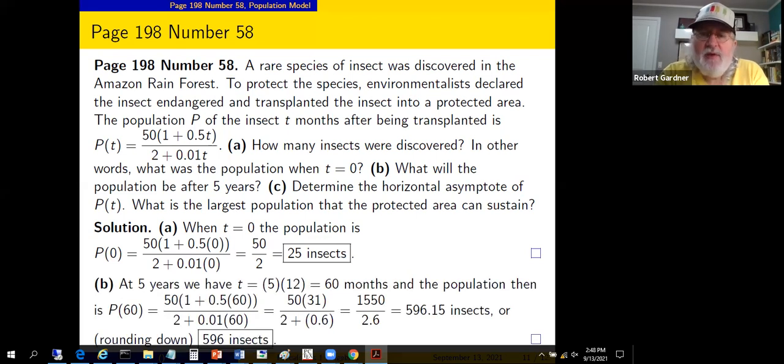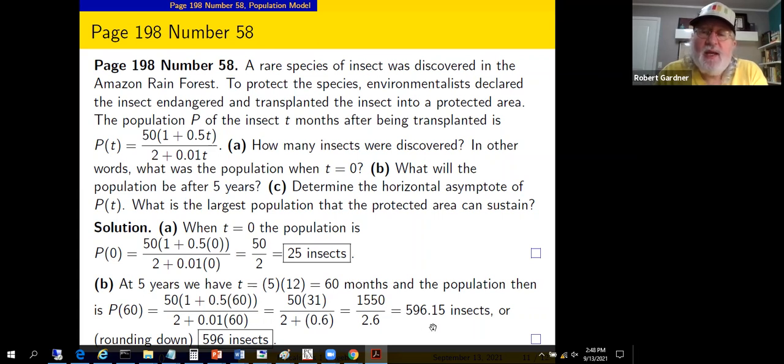Well, we have to take 5 years and multiply it by 12 months per year to create 60 months. So the T value we use at 5 years is T equals 60 months, because T is measured in months. So we'll plug in 60. We get P of 60: you put 60 wherever you see a T, just as we did with the 0, there and there, isolated with parentheses.